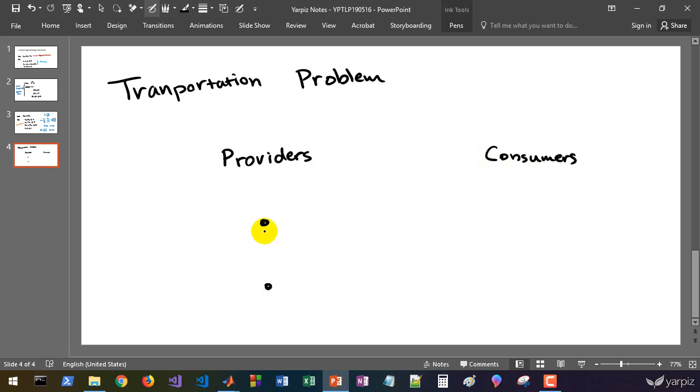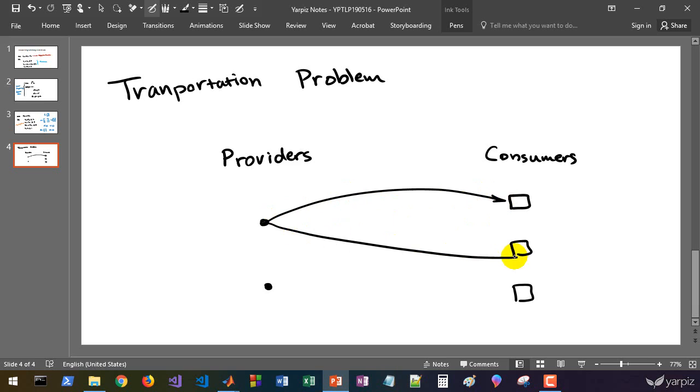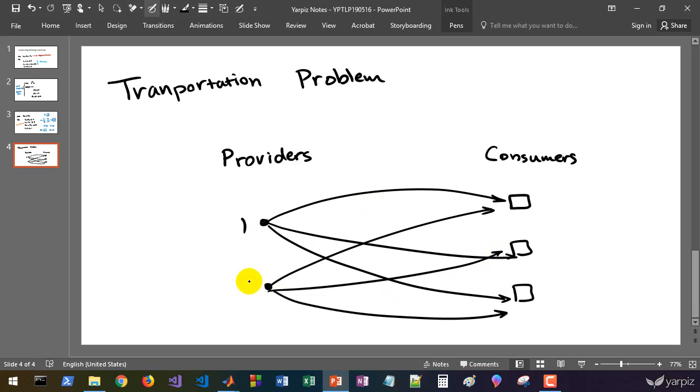For example, we have 2 providers here and 3 consumers here, and they are shipping some products, services, or other things to all of the consumers. This is provider number 1, provider number 2, and this is consumer number 1, number 2, and number 3, and this is the amount of shipment from the first provider to the first consumer.